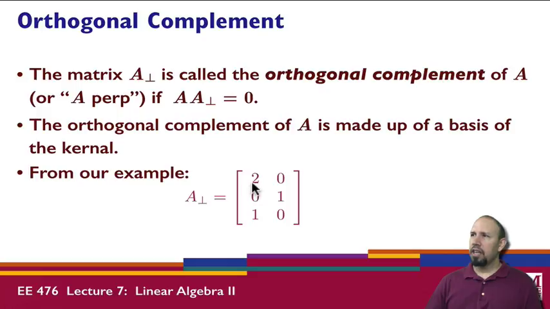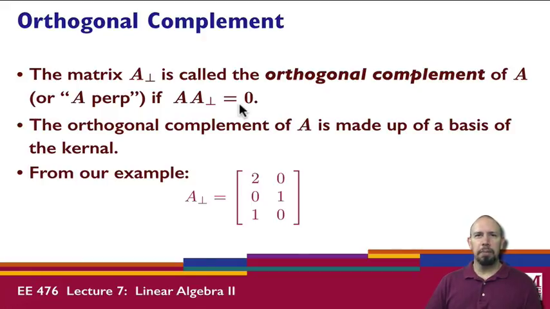In our case, this column and this column are independent. They form a basis. A matrix formed from that is the orthogonal complement. There's more than one orthogonal complement, because I can take this matrix and multiply by any constant, and if I multiply it out, I'll still get 0. So that's the null space.